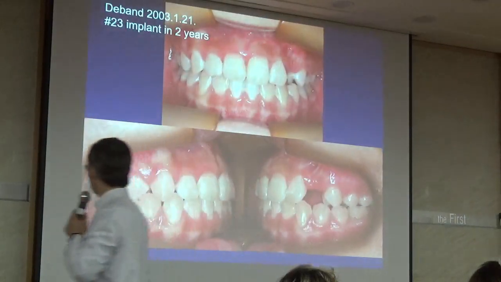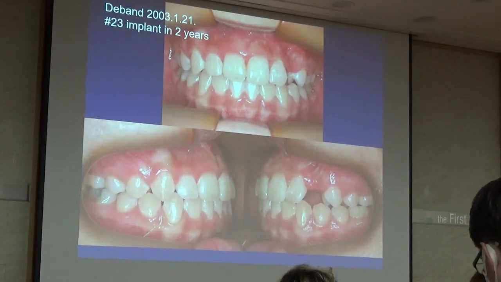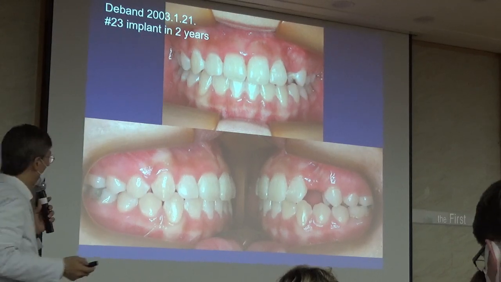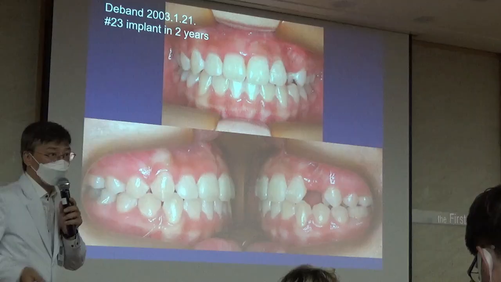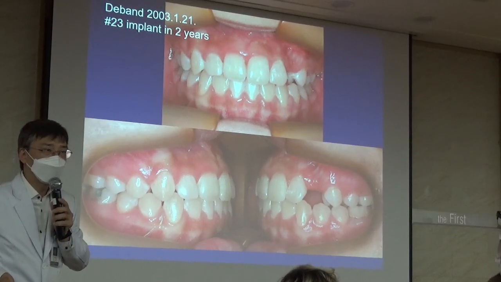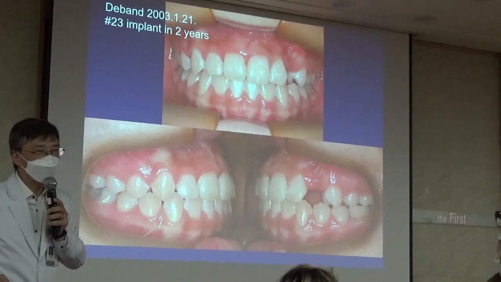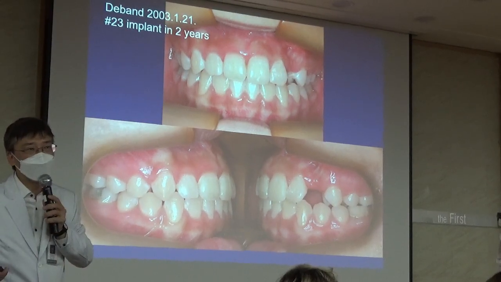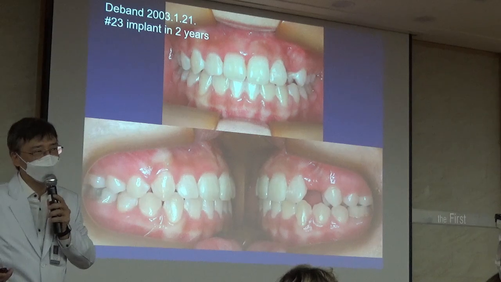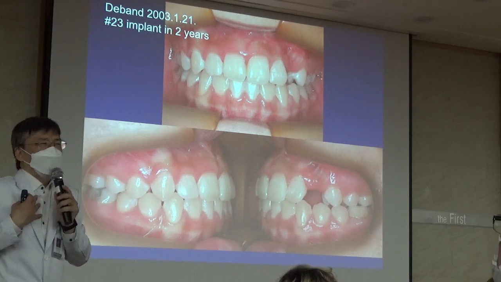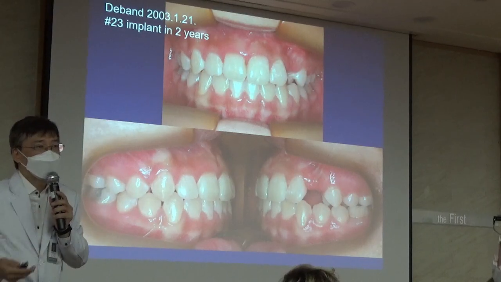If she doesn't wear it, you can still end up with this. Do you like it? Maybe yes, but your occlusion on the left side is not perfect. Not really perfect. Because of what? Because of lack of compliance. You can blame the patient, but I don't feel very comfortable about the result.